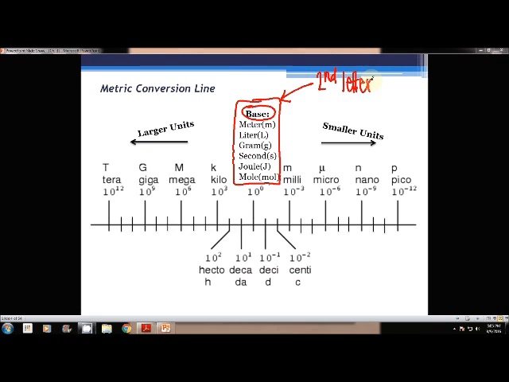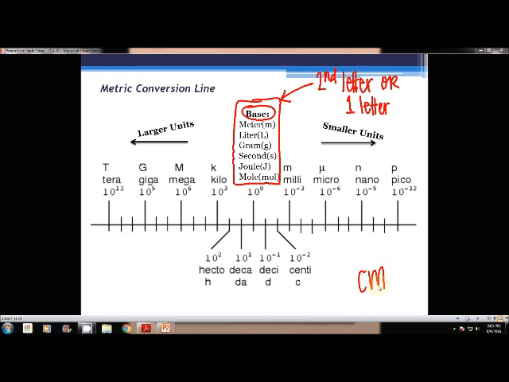Or if you only have one letter, then that would also be base. If you need to write this down on your handout, go ahead and do that, okay? Everything else is going to be the prefix on your unit. So we might have milliliters or millimeters or centimeters. So the base is that second letter in our unit, but we could have cm, which stands for centimeter.